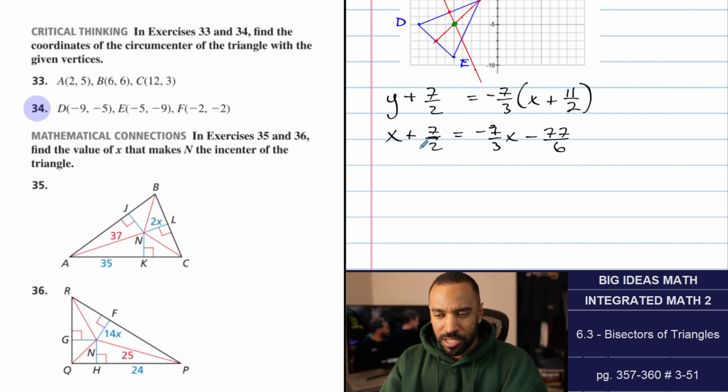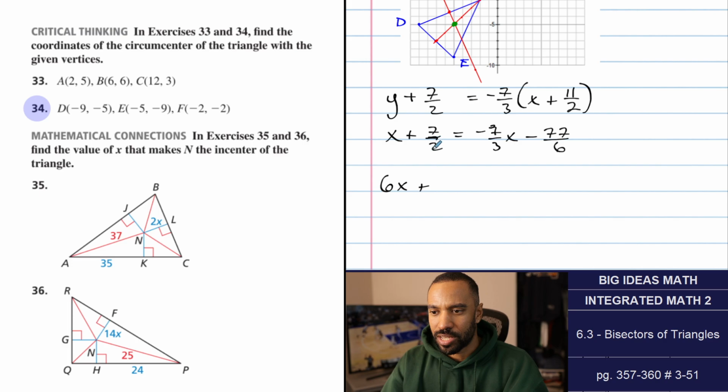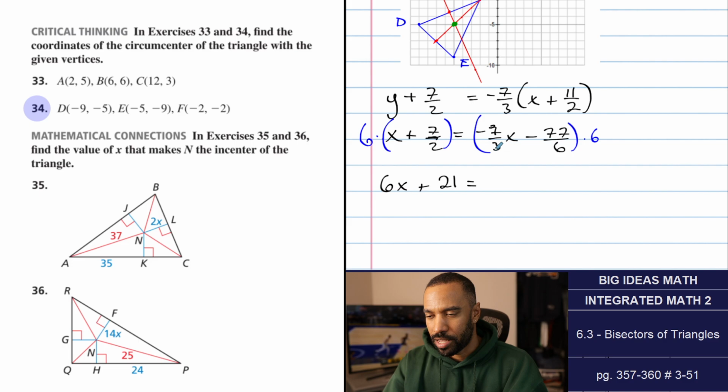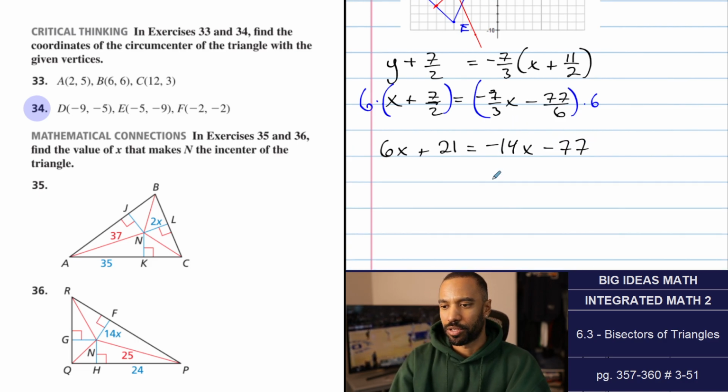Let's multiply everything by 6 to get rid of the fractions for now. So 6x plus 3 times 7 is 21 equals negative 14x, and then minus 77. That'll look a lot easier.